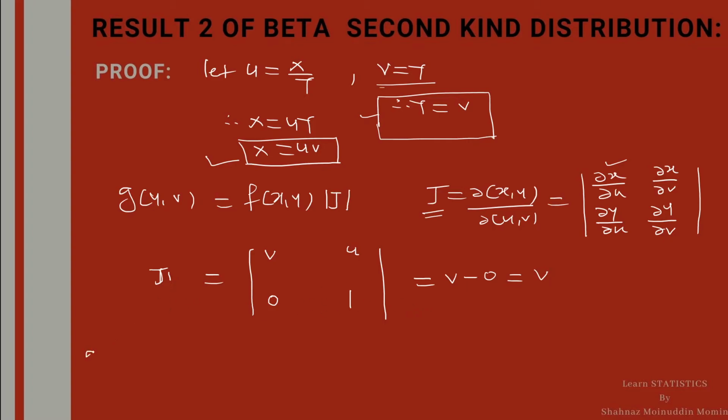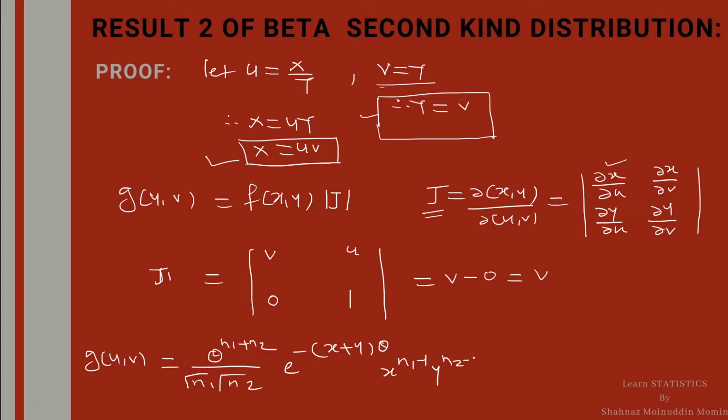Now we will substitute all these values in the joint PDF of u and v. We get theta raised to n1 plus n2 divided by gamma n1 gamma n2, e raised to minus (x plus y) theta, x raised to n1 minus 1, y raised to n2 minus 1, into the absolute value of v.